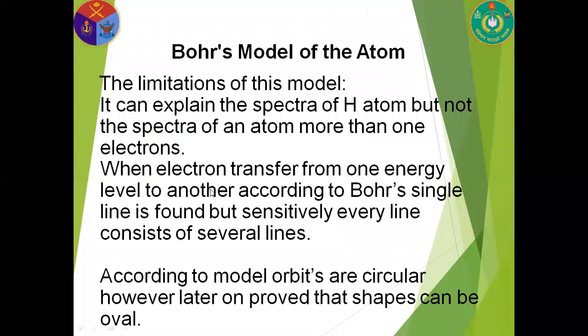When an electron transitions from one energy level to another, a single line is expected, but in reality several fine lines are found, and it cannot explain the source of these fine lines. He also assumed the orbit is circular, but sometimes the shape of the orbit will be oval.